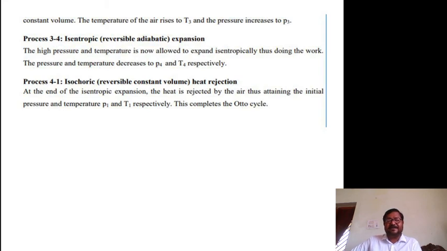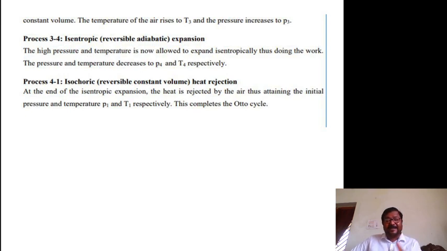If you equate that same equation to the volume, you have to take the suffix V2 first: V2 by V1 raised to the power of gamma minus 1. Here we have temperature, pressure and volume. If you compare them, you can make the temperature and volume correlation, the temperature and pressure correlation, and the pressure and volume correlation. There are 3 correlations you can make. Once again, T1 by T2 is equal to P1 by P2 raised to the power of gamma minus 1 by gamma, which is equal to V2 by V1 raised to the power of gamma minus 1.